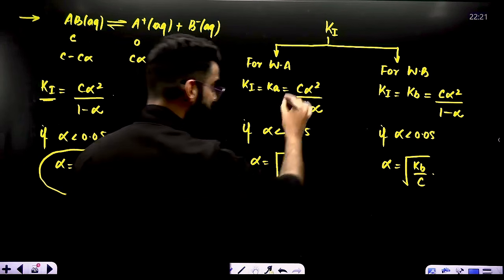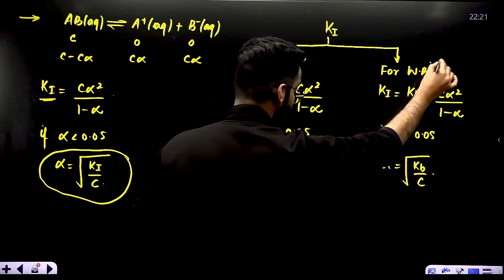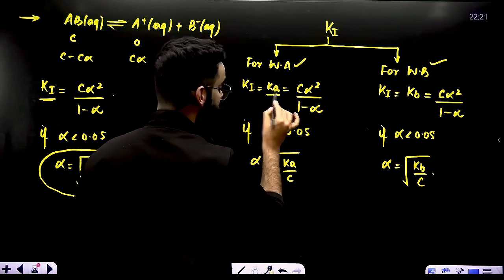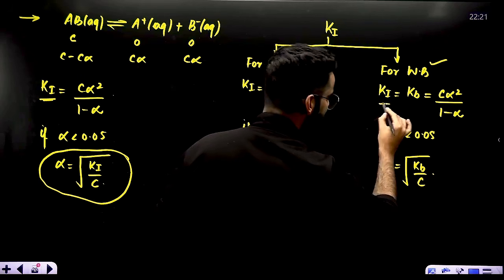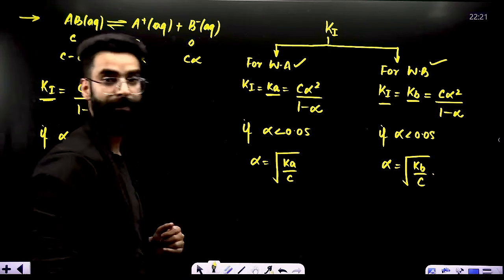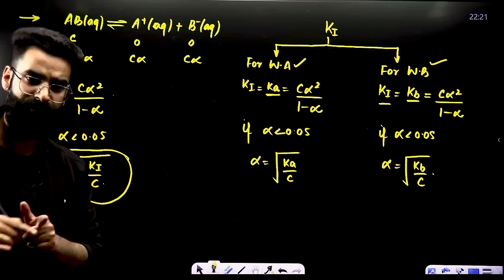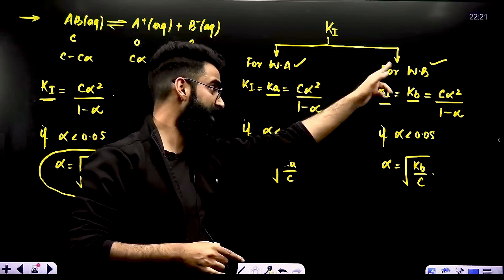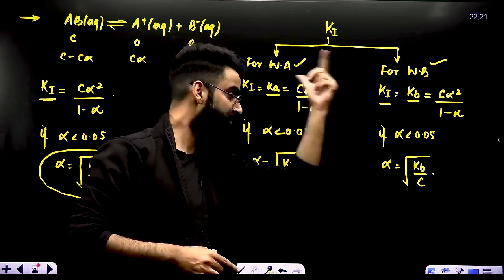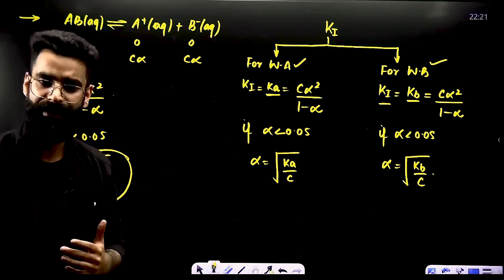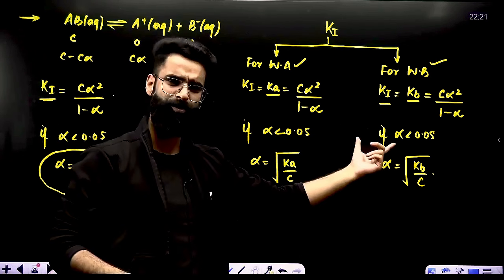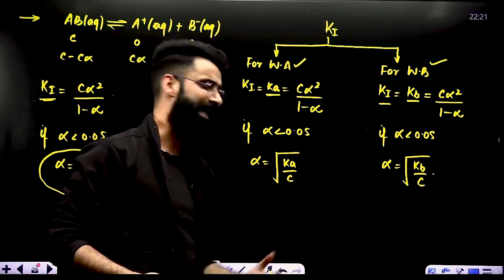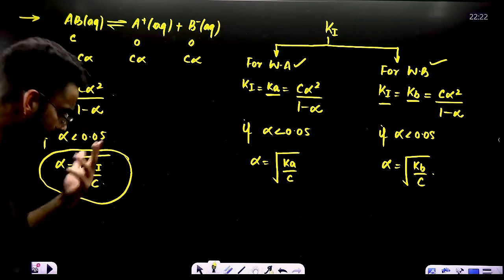Now, if that weak electrolyte is a weak acid or a weak base, then Ki is something which you call Ka in case of weak acid, and in case of weak base, Ki is Kb. And these are the expressions with the help of which you can calculate Ki. And if alpha for them is less than 0.05, then this is the way with the help of which you can calculate alpha as well, right?